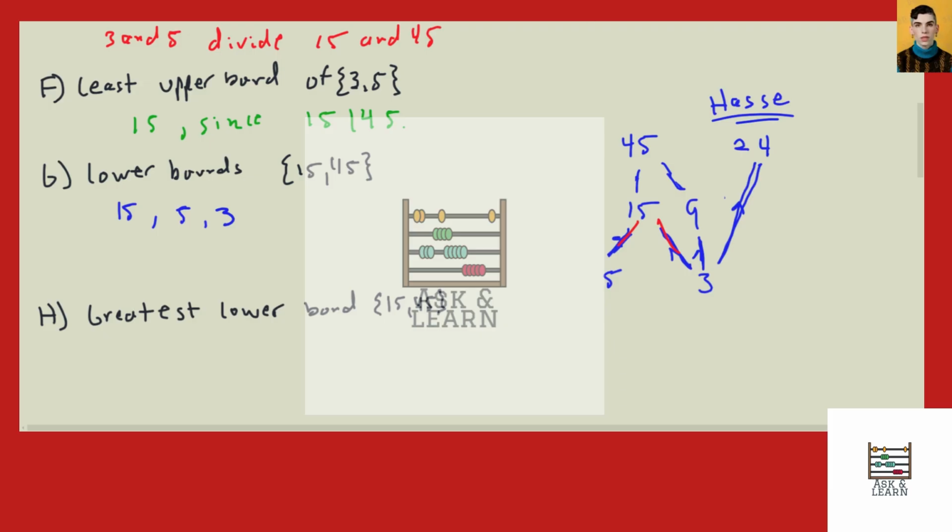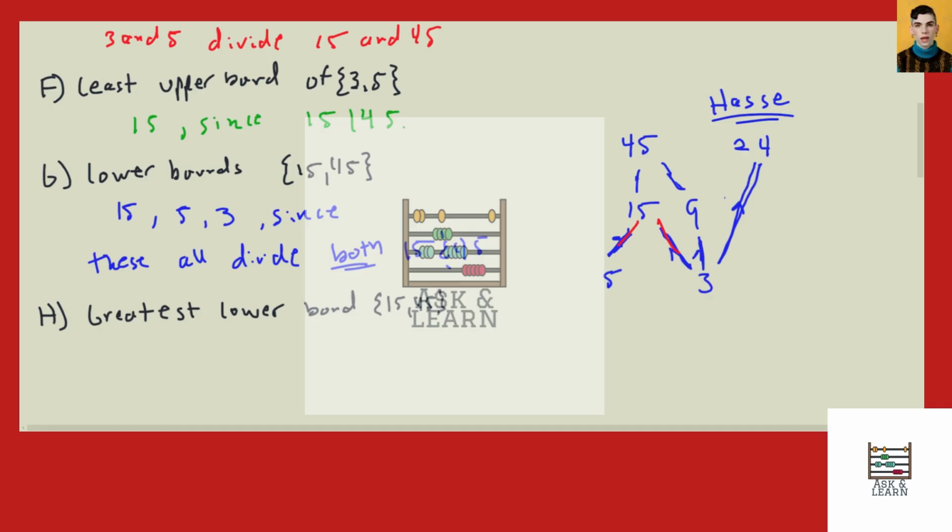For similar reasons as before, we wouldn't want 9 to be a lower bound, since even though 9 divides 45, 9 doesn't divide 15. So those are our three lower bounds, and it's important that we say they divide both 15 and 45.